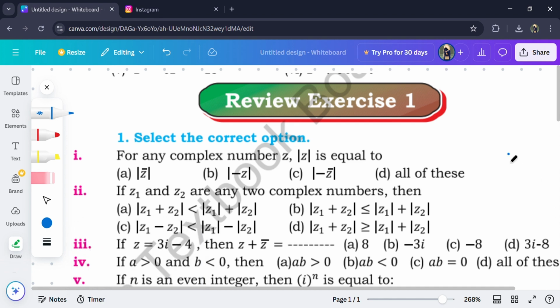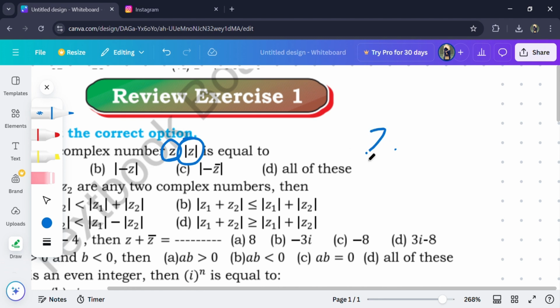Here you could see they are saying that for any complex number z, the mod of z is equal to, what could be the condition? First of all, you must know what is meant by a complex number z, and what is meant by the mod of z. z is a point on the graph which represents two cases. The first one is a constant and the second one is an imaginary number.